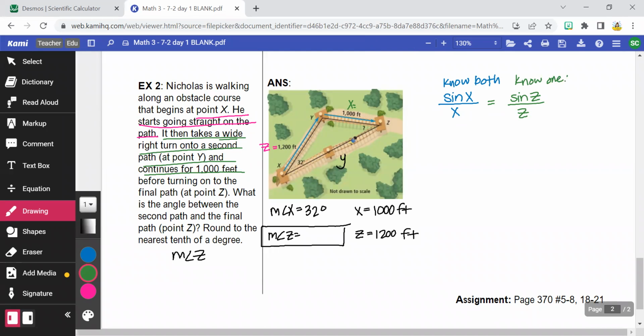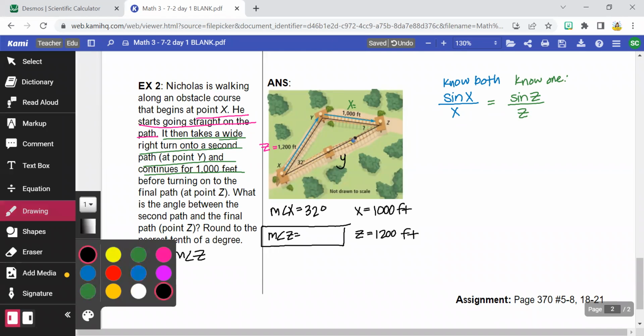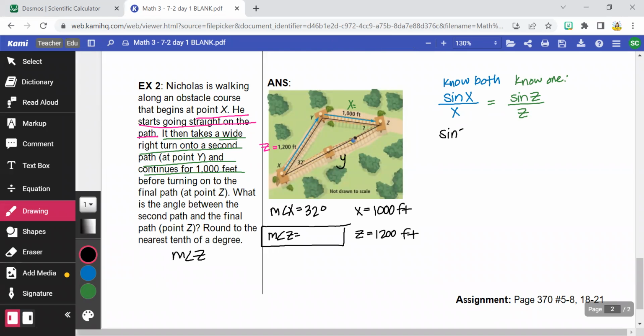And that's what we're looking for, right? We're looking for this Z here. So let's substitute in. Angle X is 32 degrees, so sine of 32 degrees over 1,000 is equal to sine of our unknown over 1,200. I know my answer is going to be bigger than 32 because the side is bigger.